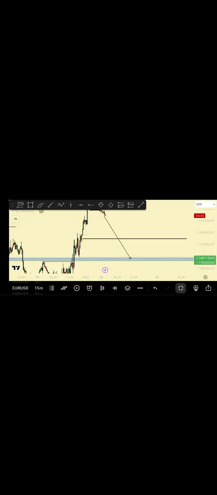The confirmation is so easy. When price comes to your zone, we wait for confirmations. And what kind of confirmations? We go to M15 or M5. We have different types of entry models.